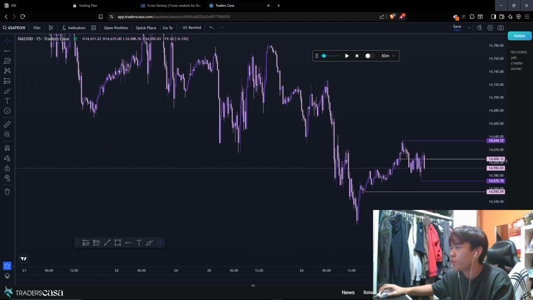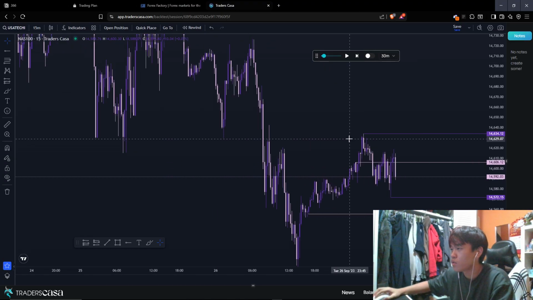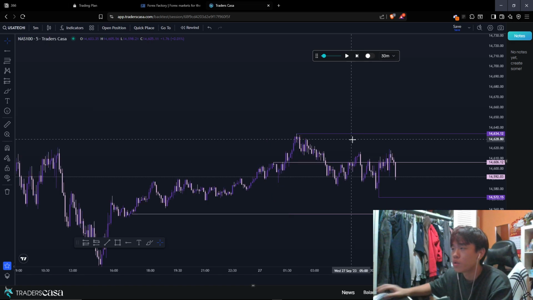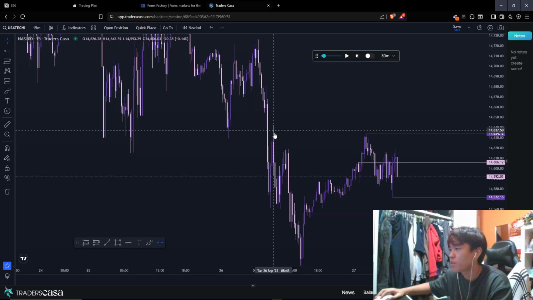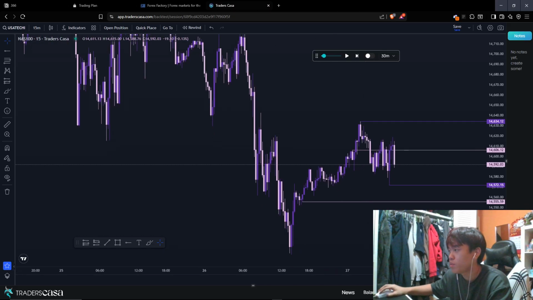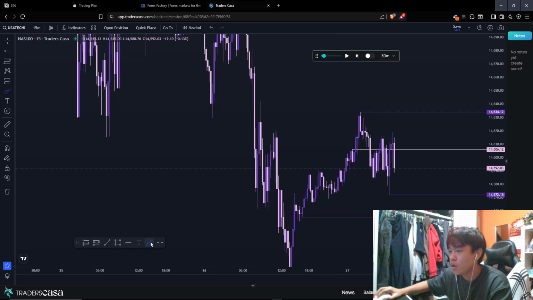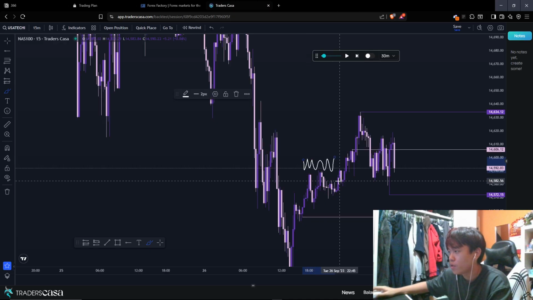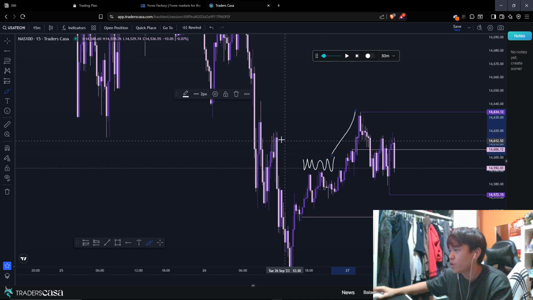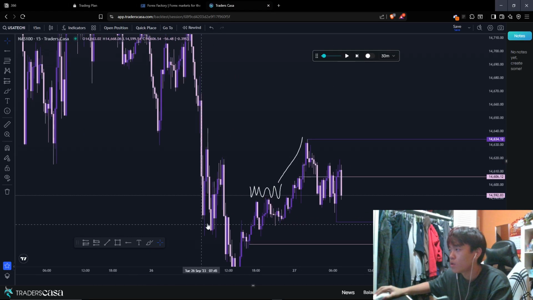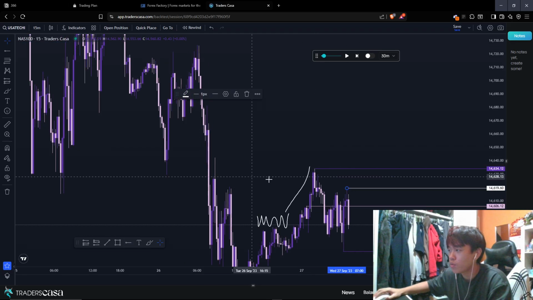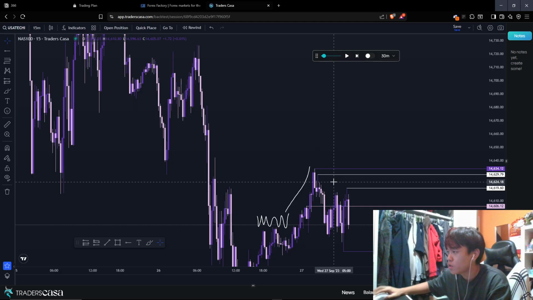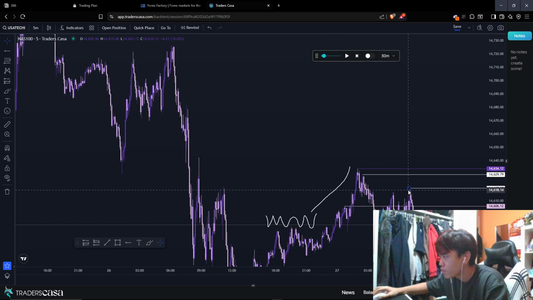Okay, so what we really have here is another manipulation model, I'm pretty sure. Yeah, we played out these highs, and I guess we can only get past this wick, but that is okay. We get this consolidation right here through this price range, manipulate up, take out this high, and then we get that reaction down. So I'll put these white candles here as we look for a continuation down.